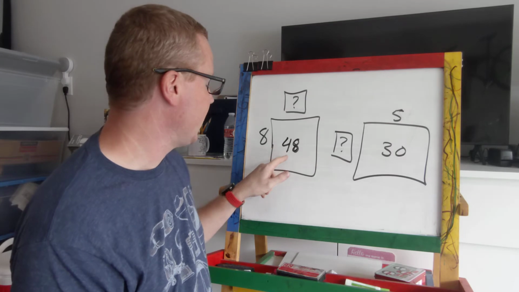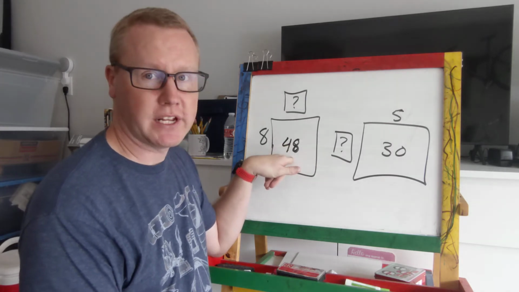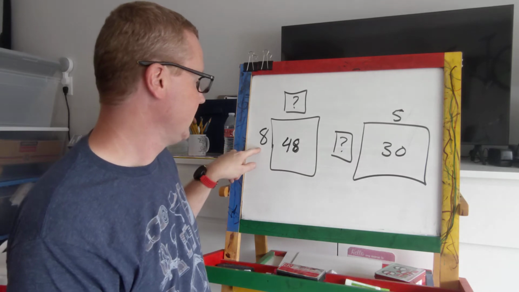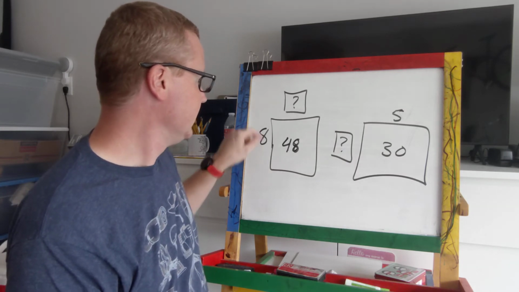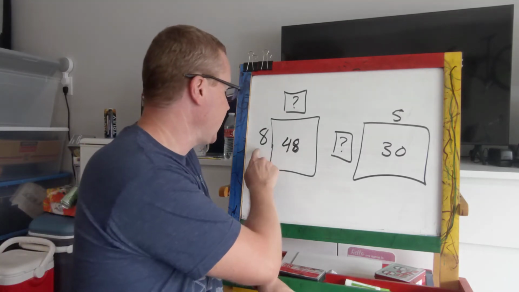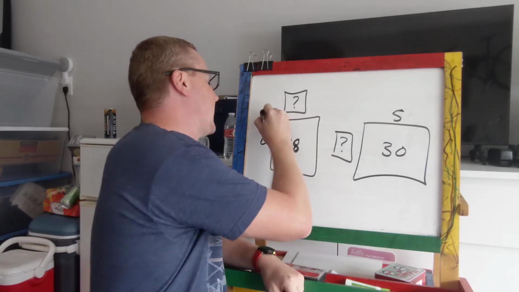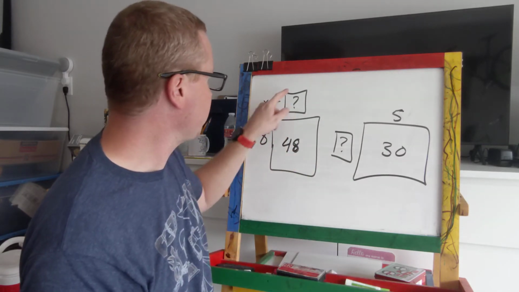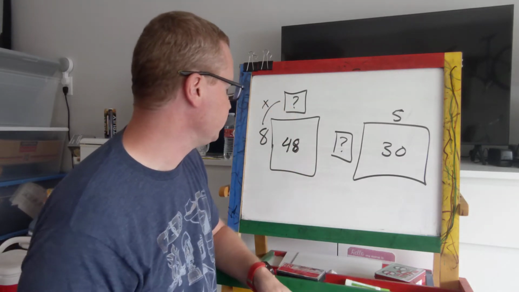So right here, I know my product is 48, it's on the inside. I have one dimension or factor that is an 8, and I don't know this dimension or factor. So remember, I have that pretend little hidden line: 8 times what will equal 48?